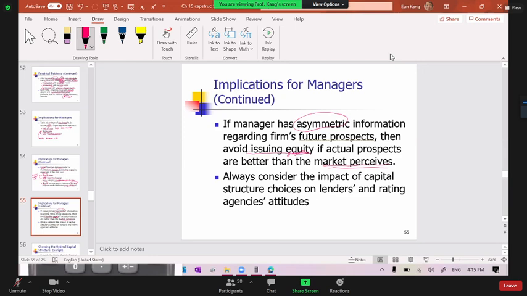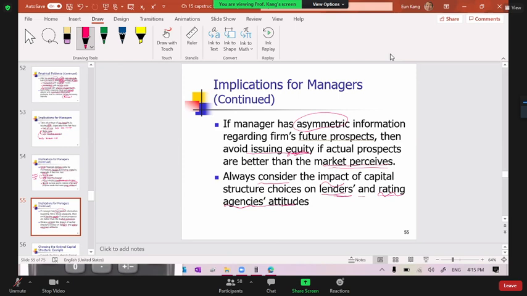And also always consider the impact of capital structure choices on lenders' and rating agencies' attitudes. So how lenders, those who lend money to the company, think about their capital structure. Rating agencies means what? Two famous rating agencies are Moody's and Standard & Poor's.